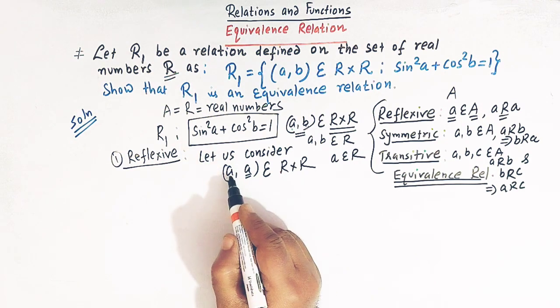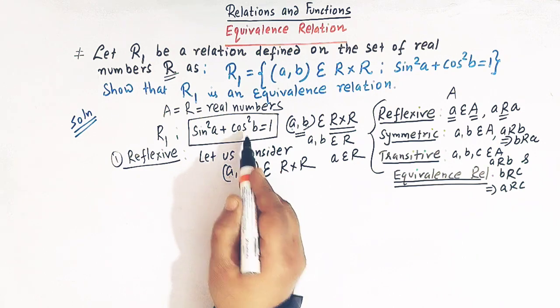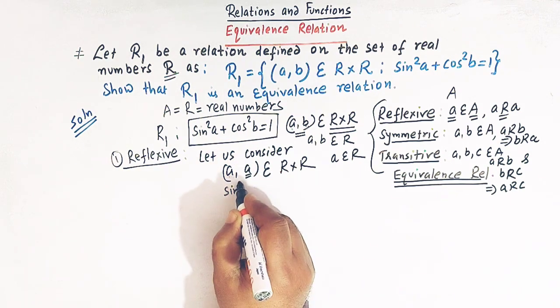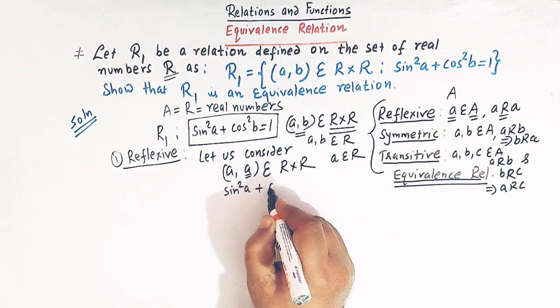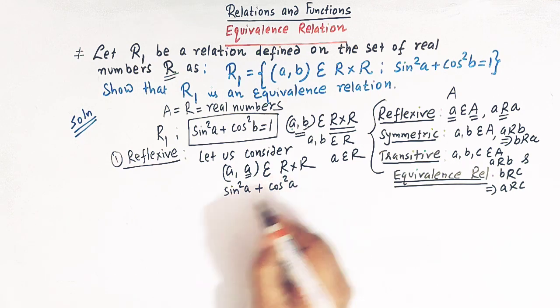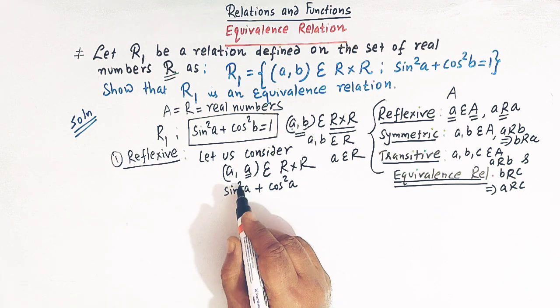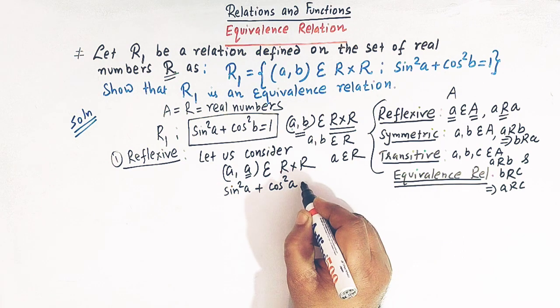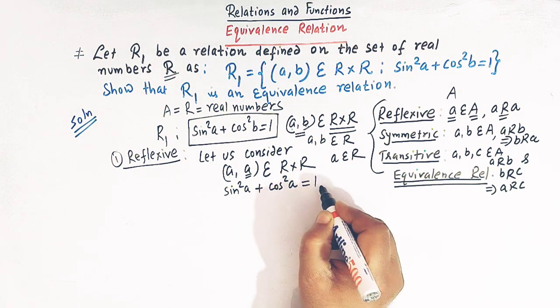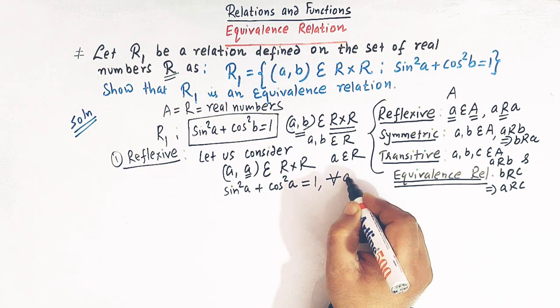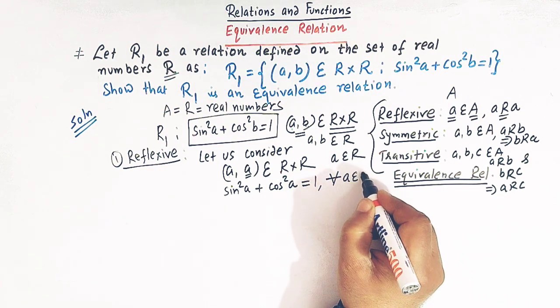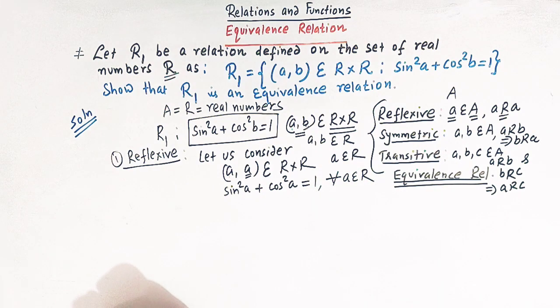So if we take (A, A) in this relation, then we have sine square A plus cos square A, right? And from trigonometry, we know that sine square A plus cos square A is always equal to 1 for all A belonging to the set of real numbers, right?